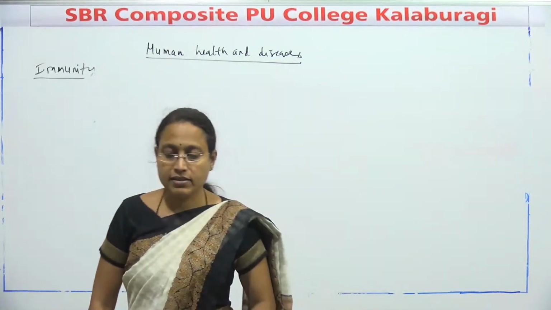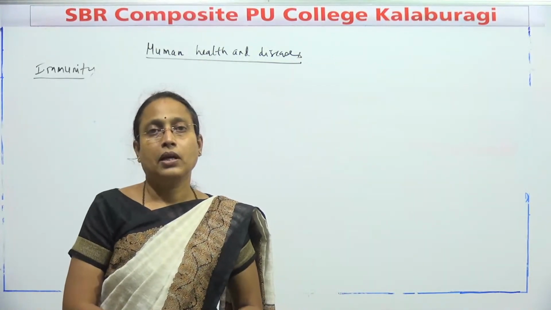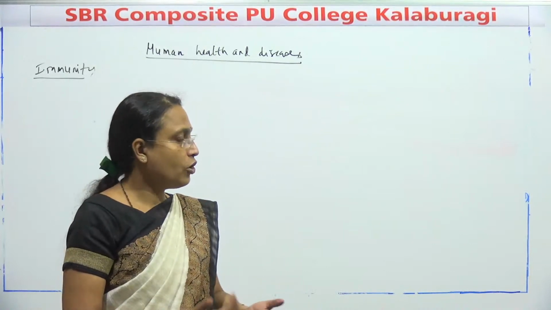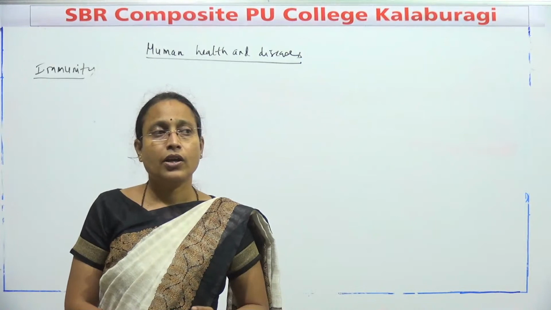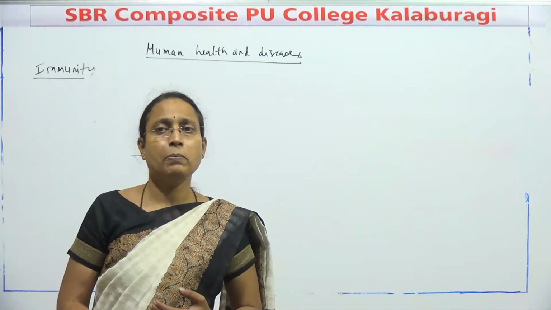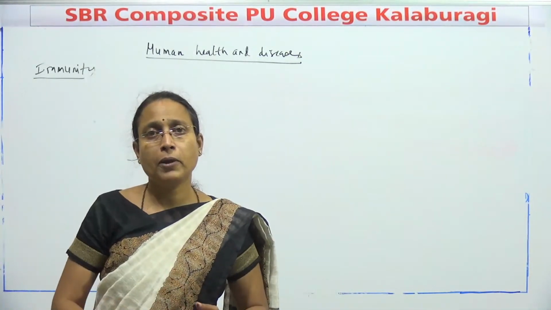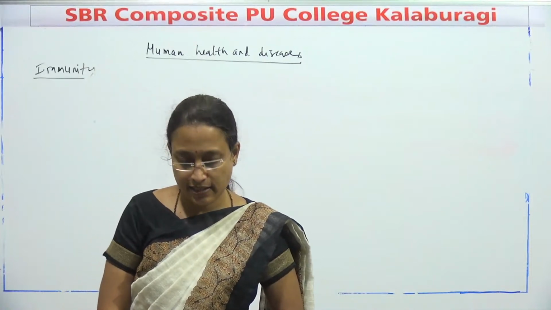So it means if a pathogen, which has many antigens, enters your body, your body responds by producing many antibodies to stop them from causing the disease.